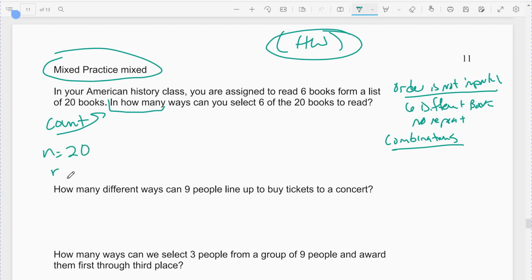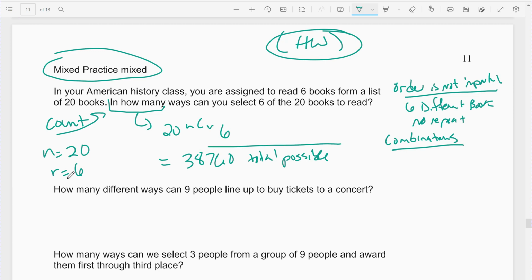You're going to randomly select 6. So how many options are there? There are a total of 20, choose 6. So it's a combinations because order doesn't matter. So that's 38,760 total possibilities. Now this is the total case, right? Total number of ways you can select your books.